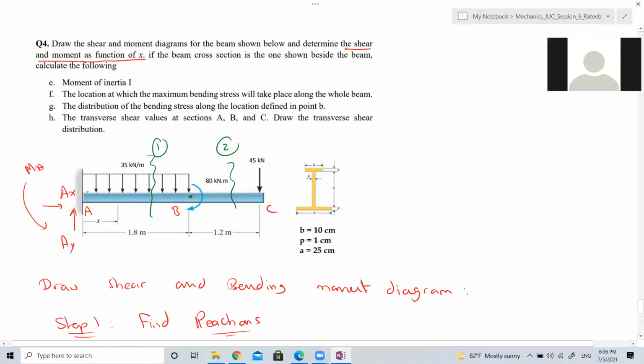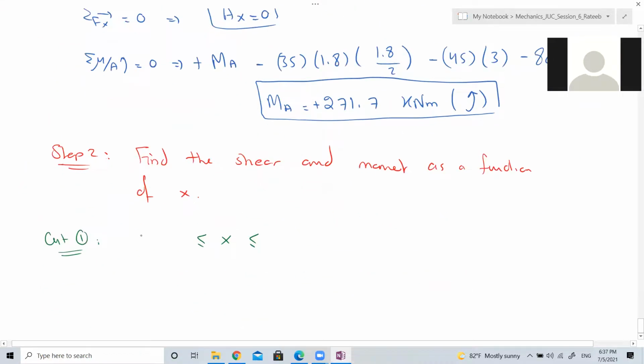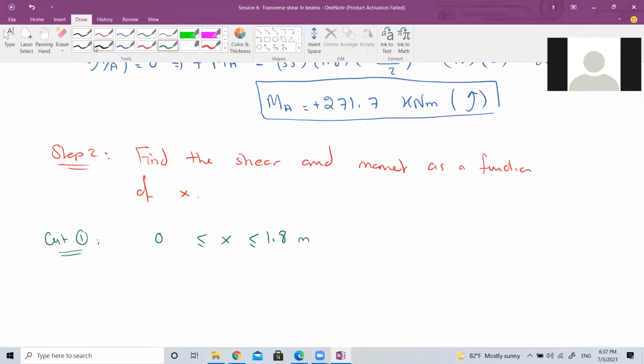It's between 0 and 1.8. At this point, x is 0. At this point, x is 1.8. So it varies between 0 and 1.8 meters.